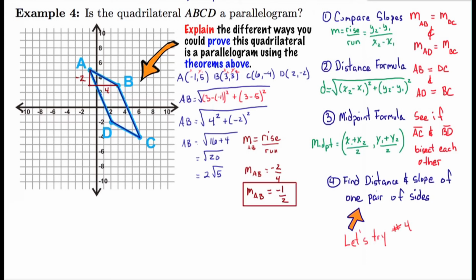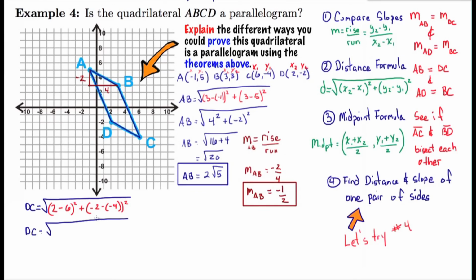Now let's compare the distance for DC. Find the distance for DC, which is opposite of AB, and the slope as well. So I'm going to use the distance formula again. x2 minus x1 squared plus y2 minus y1 squared.